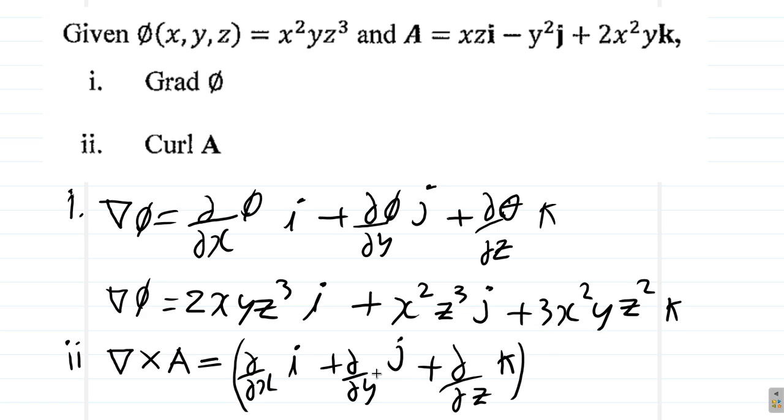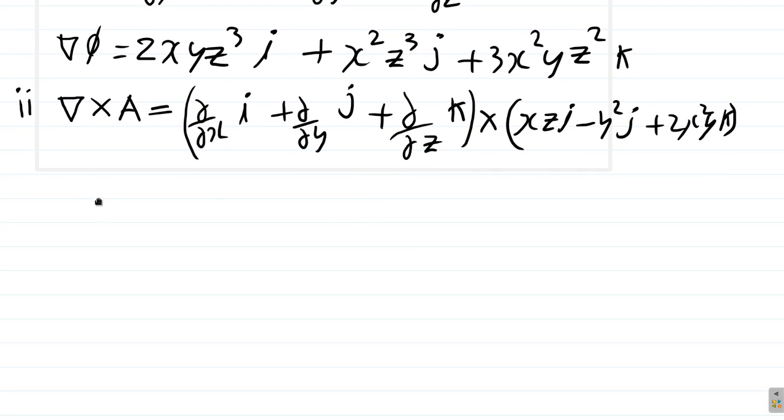You have that cross xz i minus y squared j plus 2x squared y k. Now you remember how to find the cross product. It is going to be a 3 by 3 determinant. In row 1, you have the directions i, j, and k.